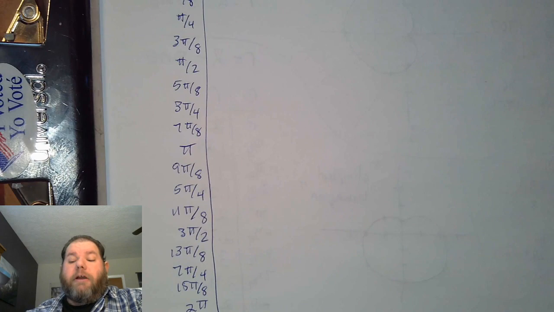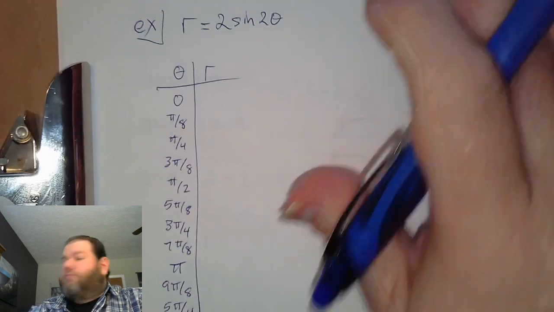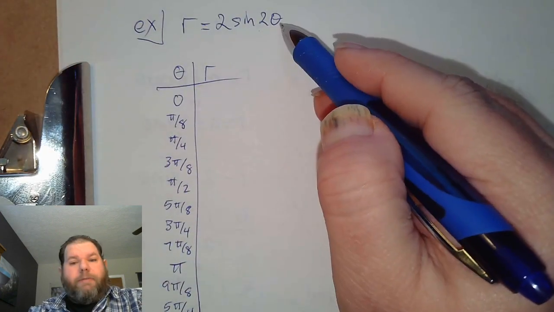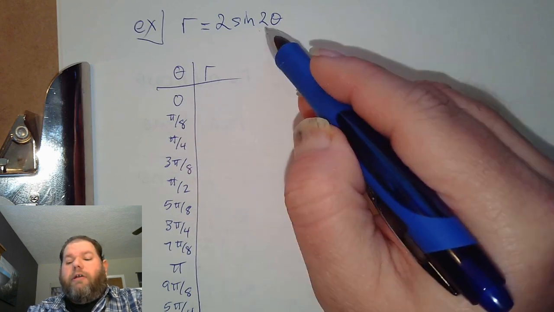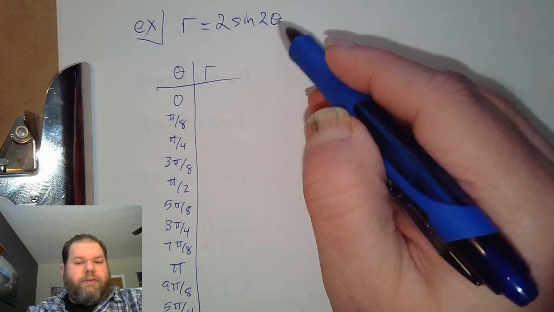And the reason I chose pi over 8 is because if we do 2 times pi over 8, that's pi over 4. So basically we're counting by pi over 4s as far as what's going to be plugged into the sine function.